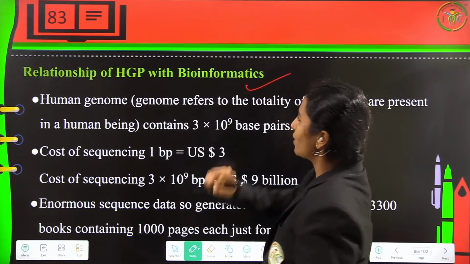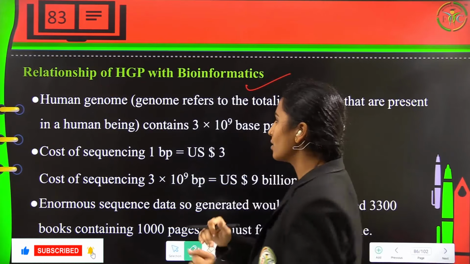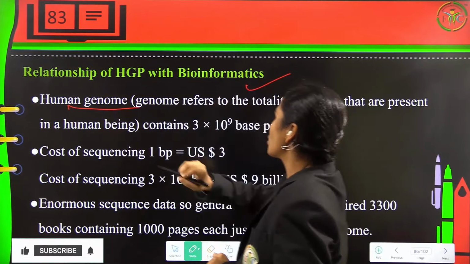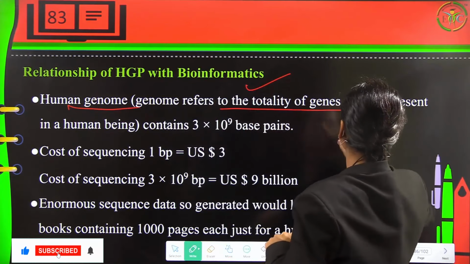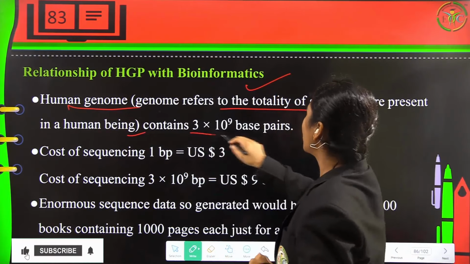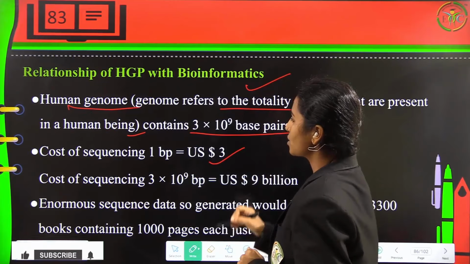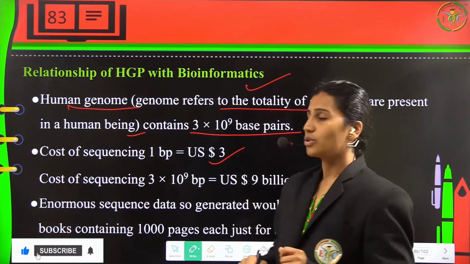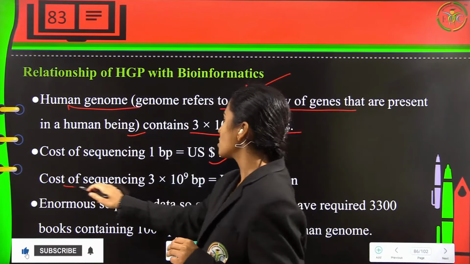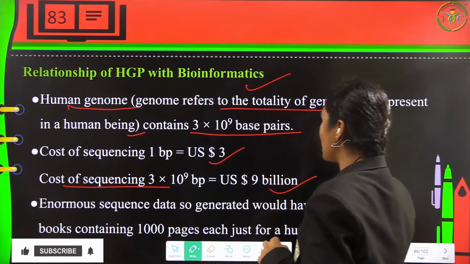Now, the relationship of HGP with bioinformatics. Mathematics and HGP are included together. The human genome refers to the total genes present in human beings, which is 3 x 10^9 base pairs. The cost of sequencing one base pair is $3, so the cost of sequencing 3 x 10^9 base pairs is $9 billion.